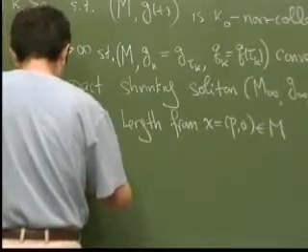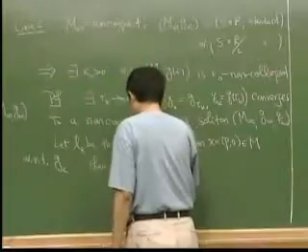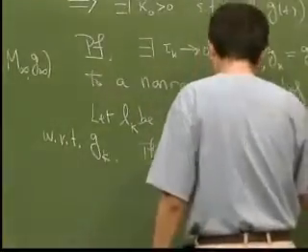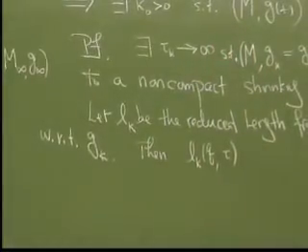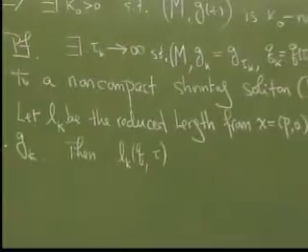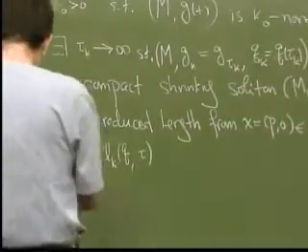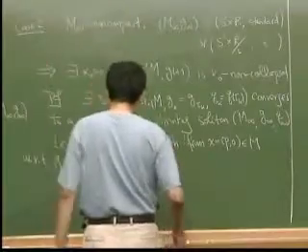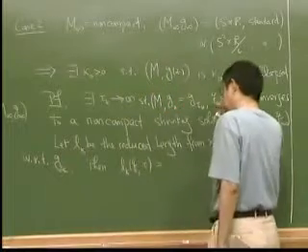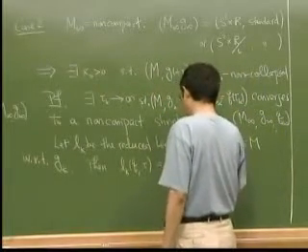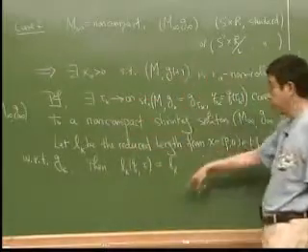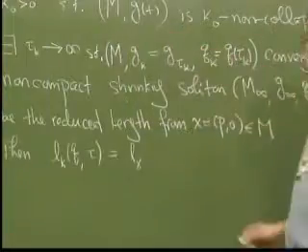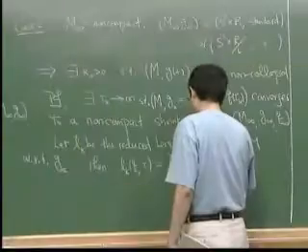So this l of q at point sigma tau is equal to the original reduced length function of this flow at q and the tau k time.